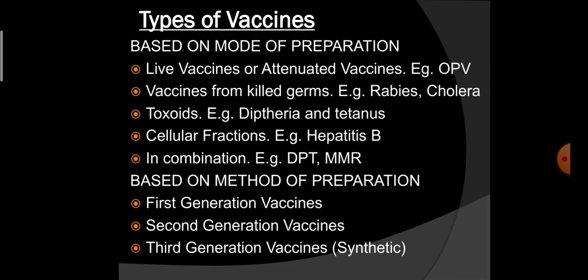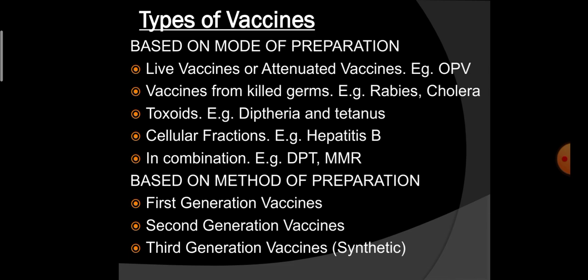All right. So there are different types of vaccines. They're classified in two ways: based on the mode of preparation and based on the method of preparation. Mode of preparation will be either live organism, or killed germ, toxoid, cellular fractions, or combinations.